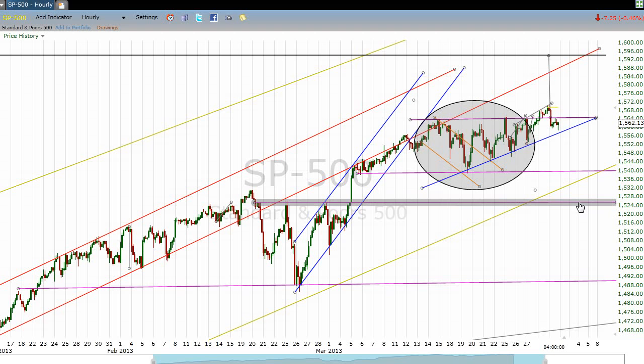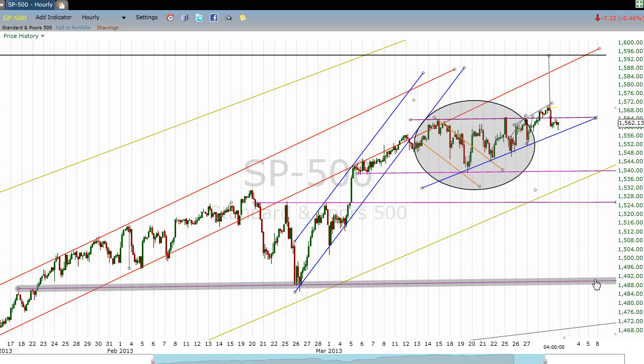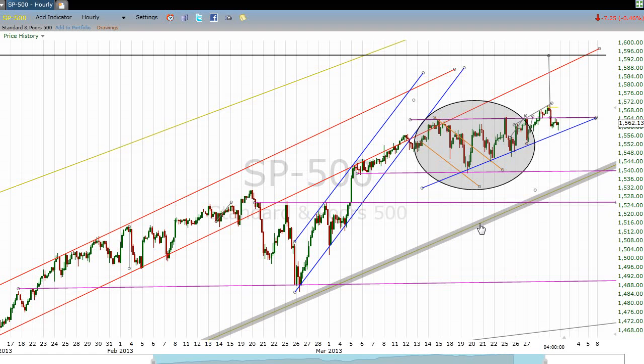And if that gives way, then we've got another horizontal area of support around the high 1480s. And just to remind you, we have one rising support line that wherever this might be tagged, we would look to this line to also create a potential bounce. So for right now, we're just looking at some market indecision.